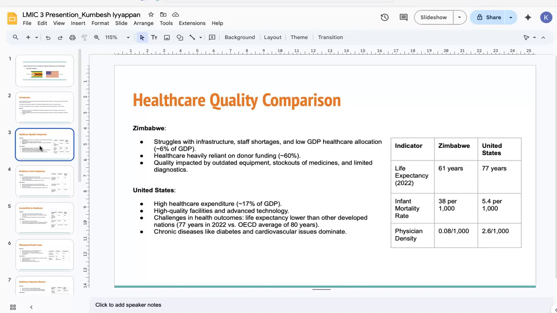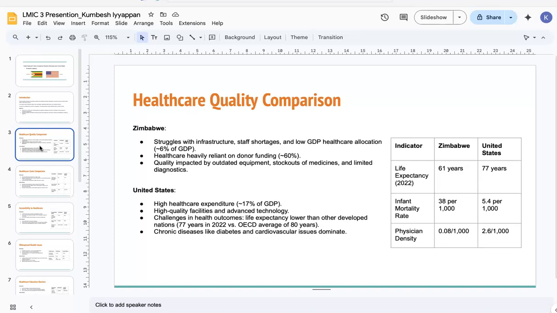It has a life expectancy of 77 years according to data in 2022, whereas other developed countries have an expectancy of around 80 years. It also deals with specific chronic diseases like diabetes and cardiovascular issues in the country.